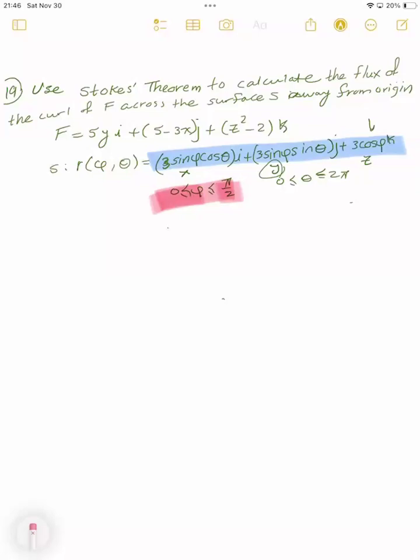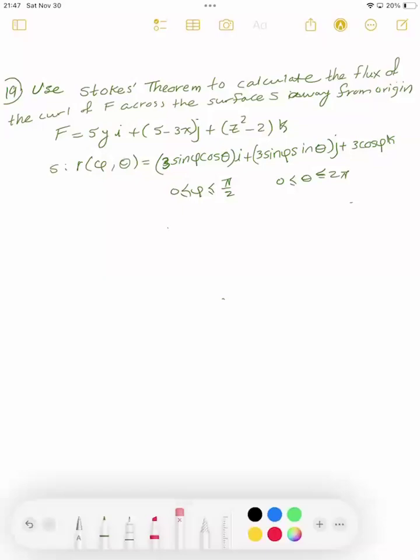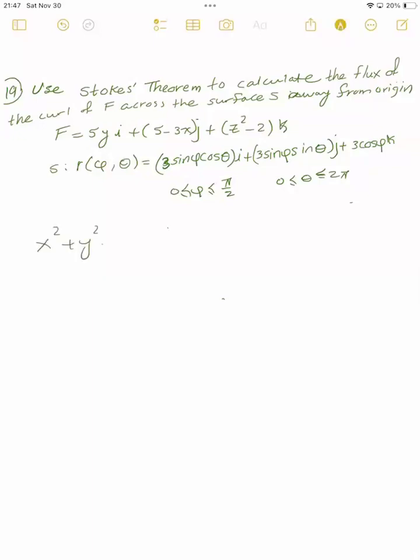So, having said that, we are going to write the surface as x squared plus y squared plus z squared is equal to 9. I can also write this as a function h of x, y, z that is equal to x to the power 2 plus y to the power 2 plus z to the power 2 minus 9.